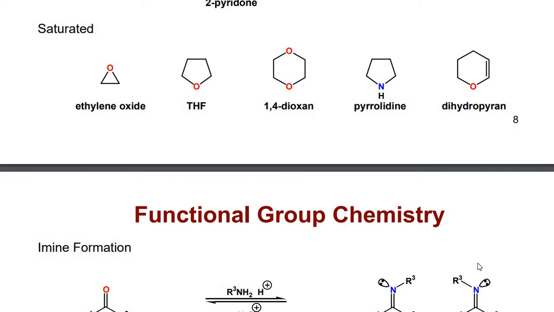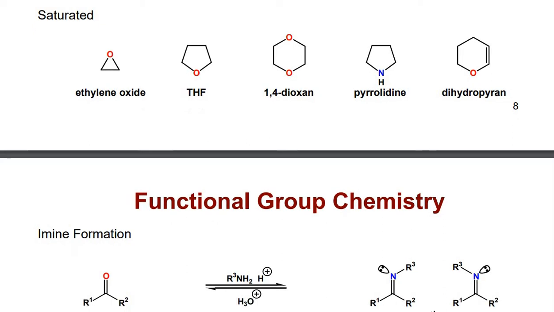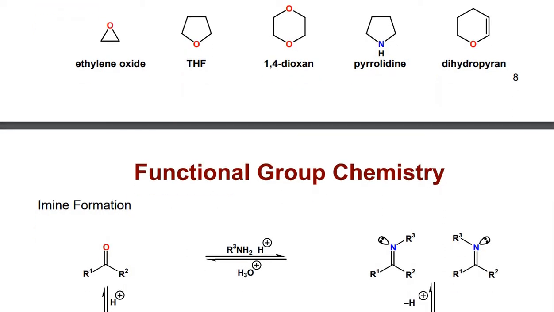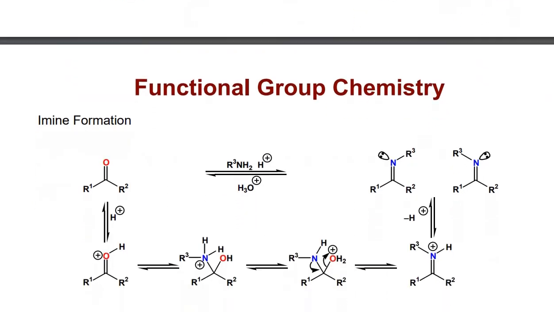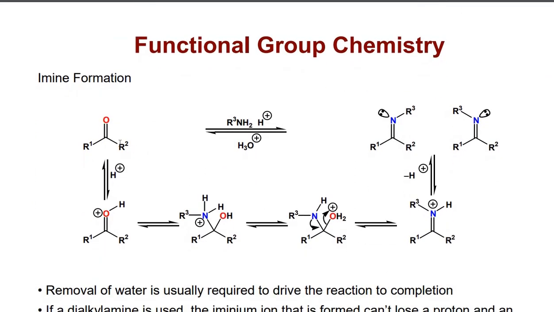Now functional group chemistry, here imine formation. You can see the formation of imine. This is a ketone reacting with a primary amine, forming imine.